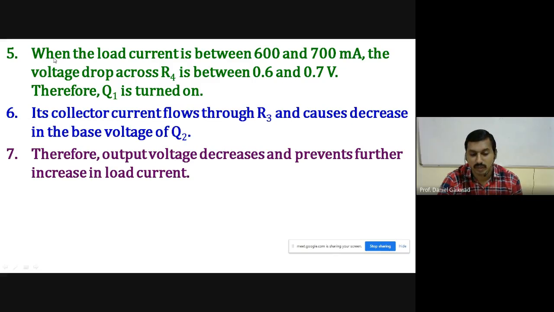Now check carefully. When load current is between 600 and 700 milliampere, greater than 600 milliampere, the voltage drop across R4 is between 0.6 and 0.7 volt. And now in that case, the transistor Q1 is turned on, and it will conduct current.